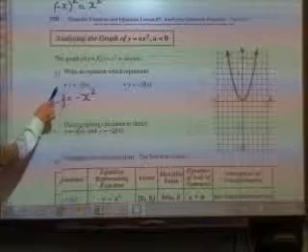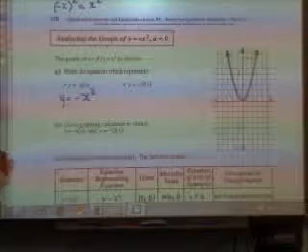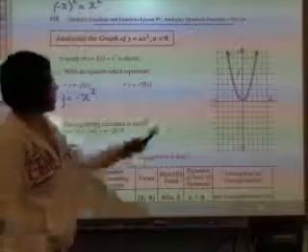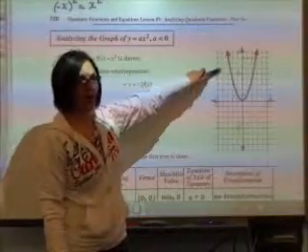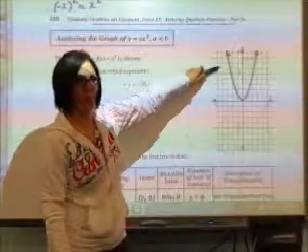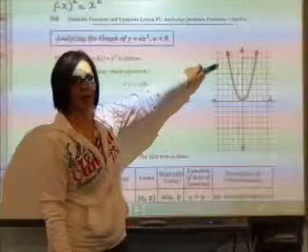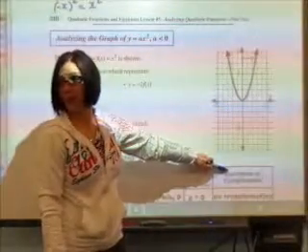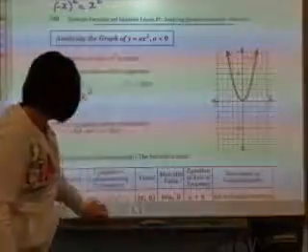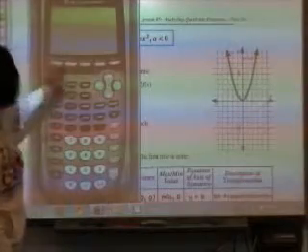So what's happening here? My y values are becoming the negative. So imagine, before we graph this, if my y values become the negative of what they were, where's this graph going to go? It's going to go down. Let's check. So start off by changing your window settings.